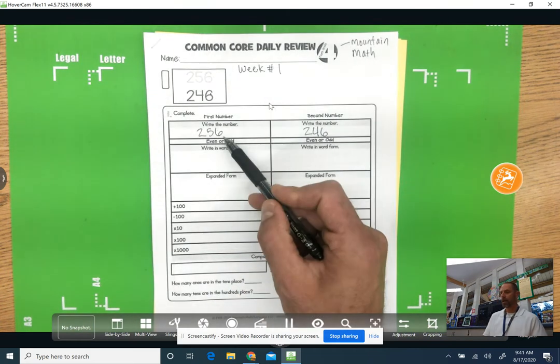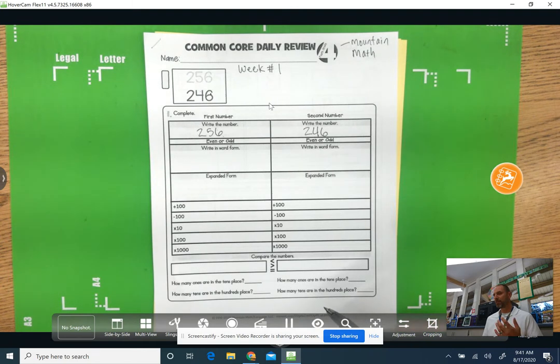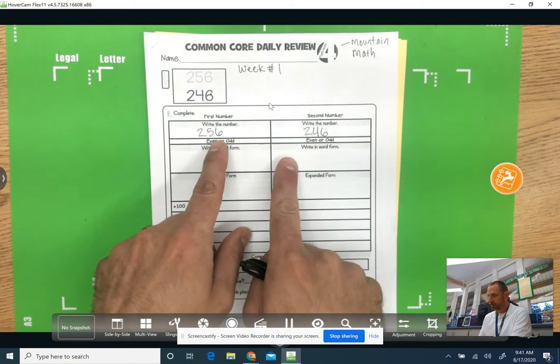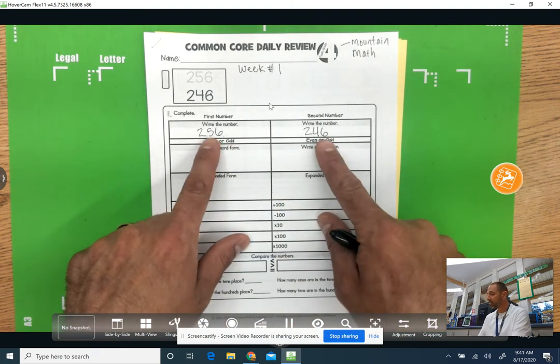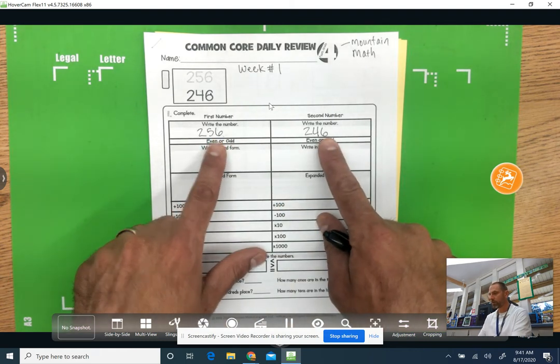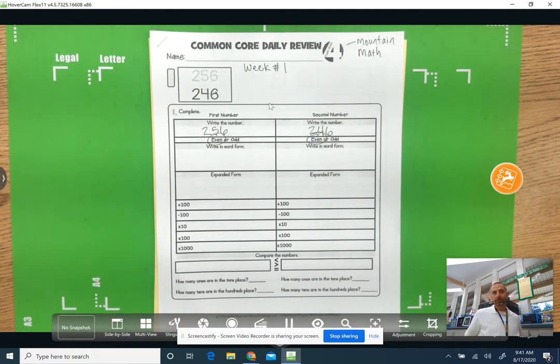In this case, we have the digit 6. The digit 6 is an even digit, and I know that because if I skip count by 2s, I land on 6. 2, 4, 6. So since there is a 6 in the ones place, it makes the entire number even. It's the same thing for the second number, for 246. So both of them are even.